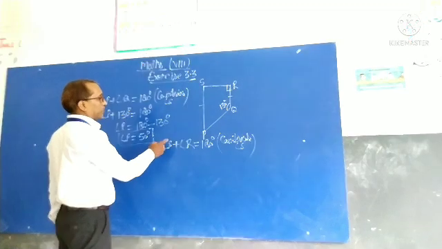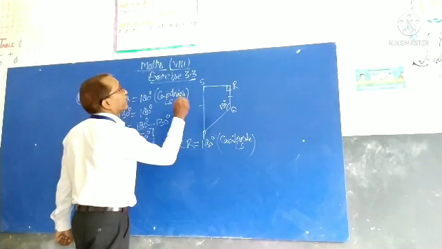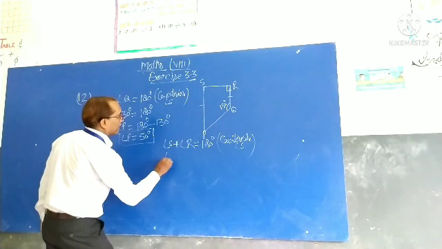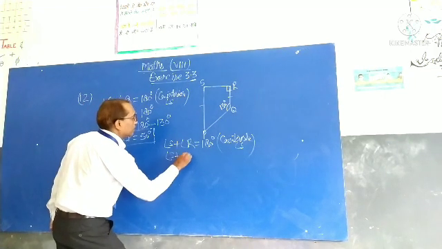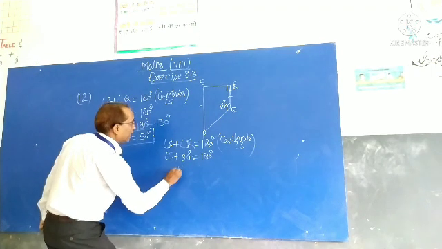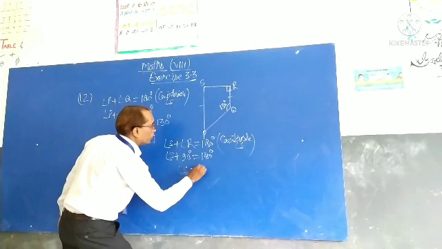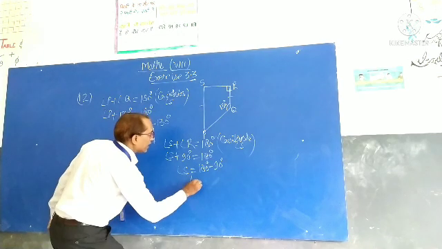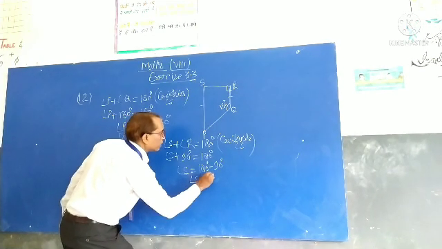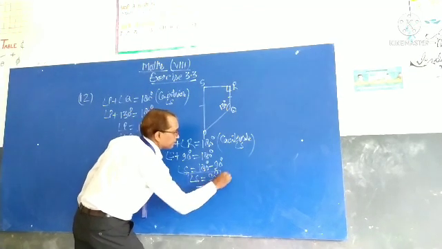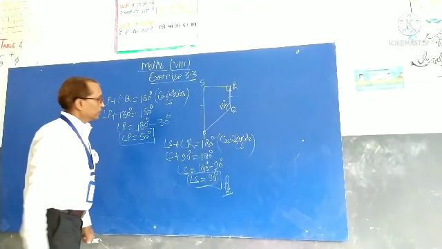Therefore, angle S plus angle R is equal to 180 degree. Angle R is 90 degree. Then angle S plus 90 degree is 180 degree, angle S is equal to 90 degree. It is your answer. Okay.